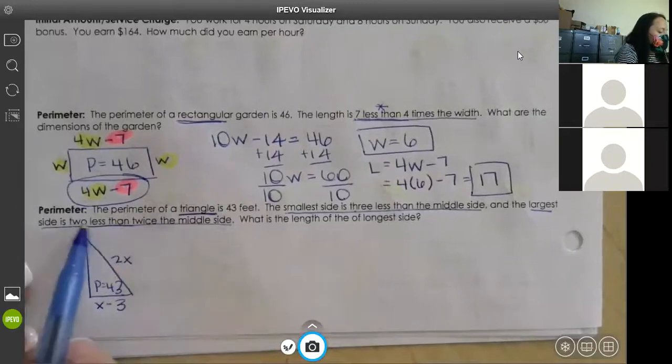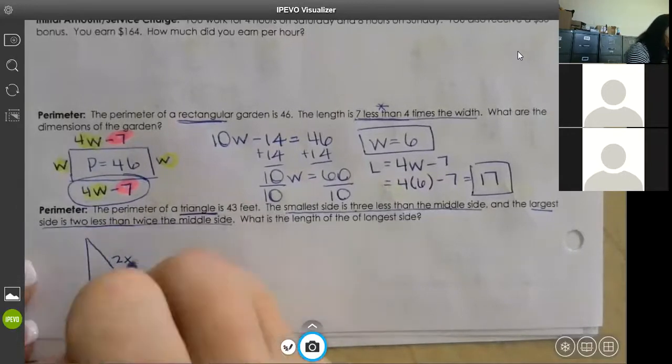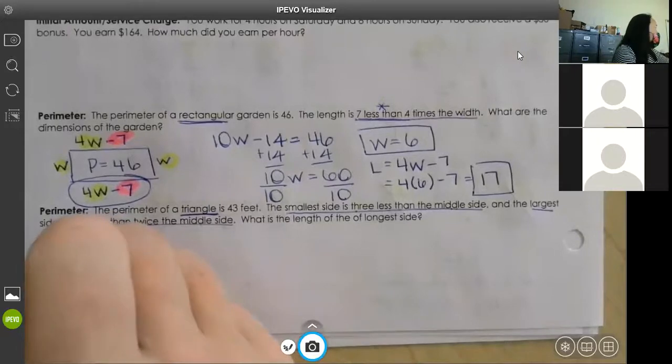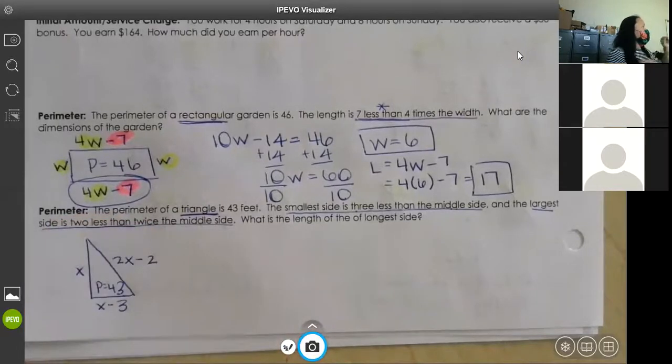And how do I do 2 less than? Minus 2. Well, I have a side that's not labeled. That's my middle side, right? What did I call my middle side? X. You're perfectly right. It's X. So we just throw our X on that middle side.